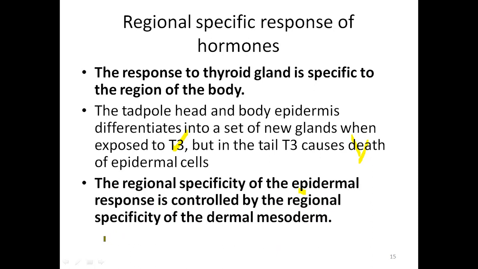So the receptors present on these epidermal cells have to respond differently, whether to develop and differentiate, or whether to get disintegrated. If disintegrated, then the cell will die and that structure will disappear.